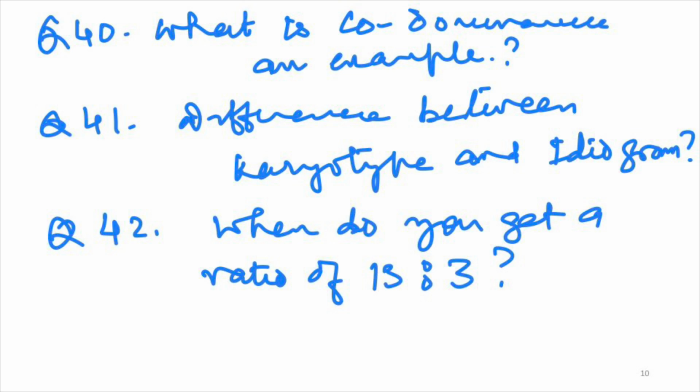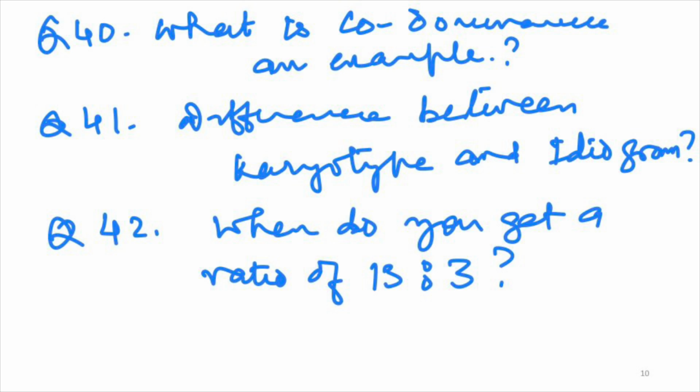And when do you get a ratio of 13:3? You may be asked this from any of the ratios. You have 5 ratios in your syllabus: 12:3:1, 15:1, 9:3:4, 9:7, and this 13:3. When do you get a ratio of 13:3? The 13:3 ratio we get in suppression epistasis, where one gene is suppressing the other.